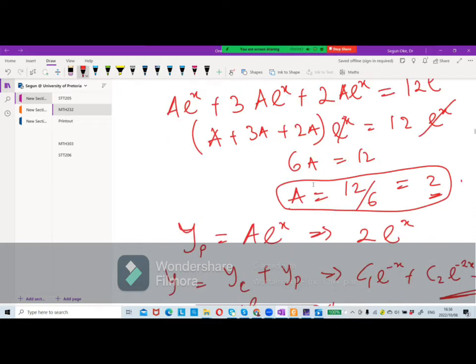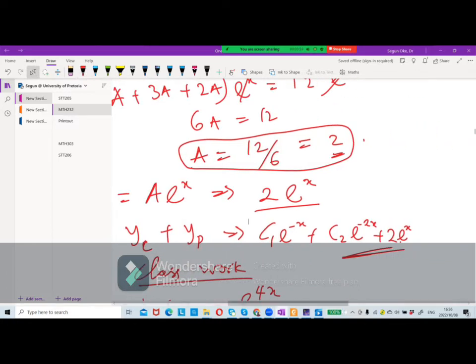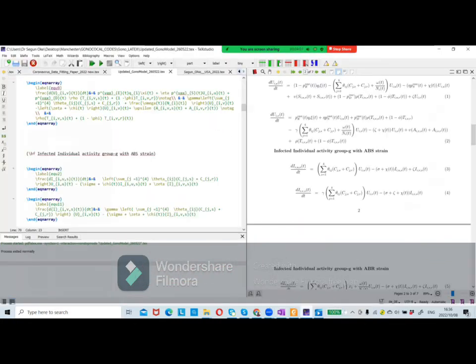At this point, we can go back to our yp. So our yp will be equal to 2 exponential x. By the time you write your general solution, let's look at the general solution.